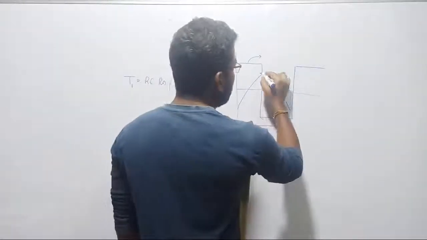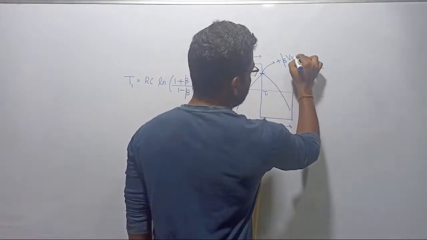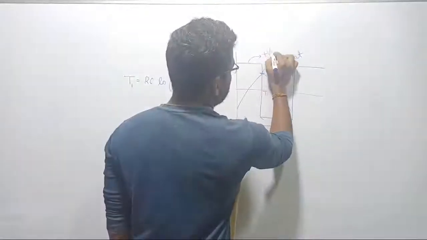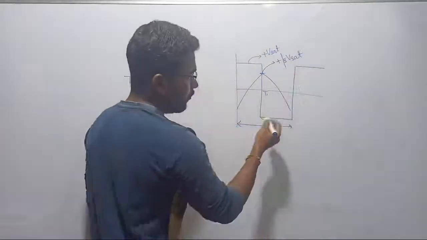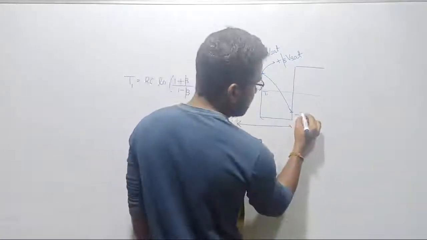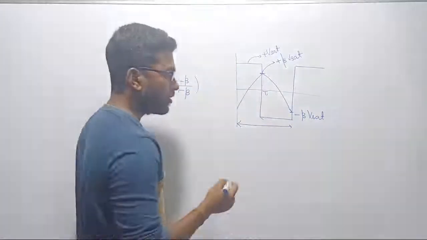We saw this voltage will be equal to plus beta times Vsat, and this voltage will be equal to plus Vsat. In the negative waveform, same thing, but negatively: minus beta times Vsat from the input side, and minus Vsat as the output voltage.